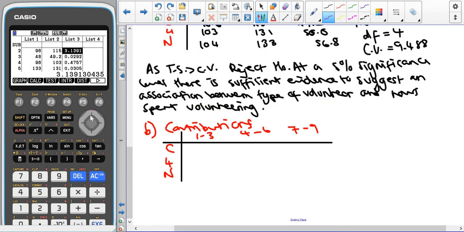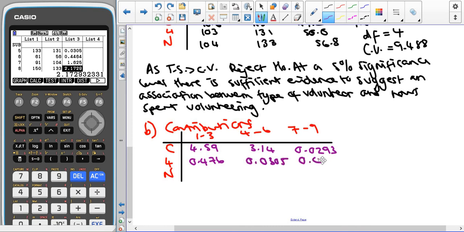So then I'm going to write these in my table here, my contribution table. Again, filling it in going across. So we've got 4.59, 3.14, 0.0293, 0.476, 0.0305, 0.446, 1.63, 2.17 and 0.254.